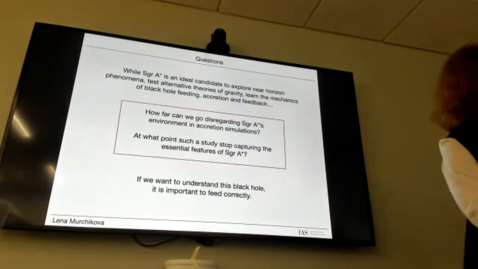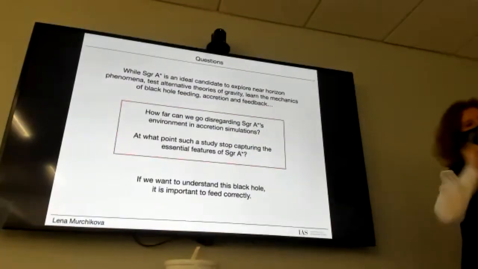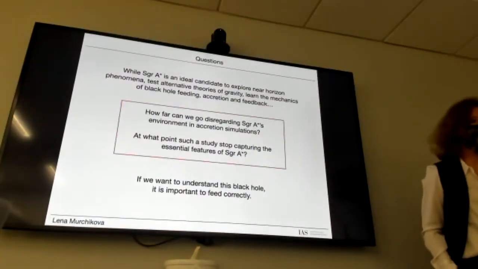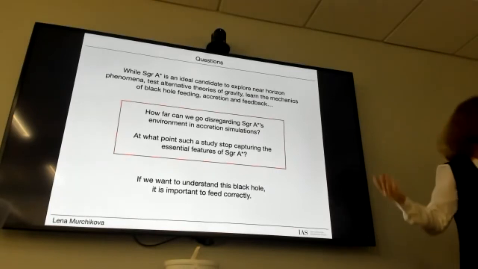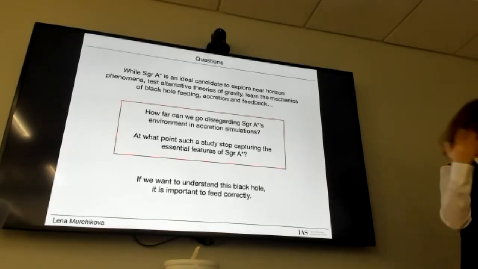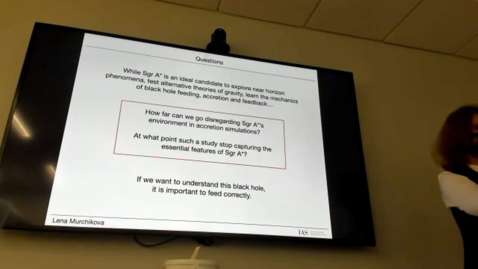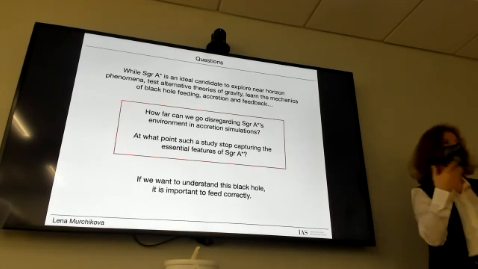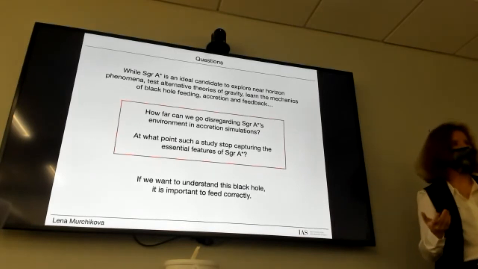So the question I want to ask is this. We all agreed, as I said earlier, that Sagittarius A star, at the center of our galaxy, is the one which gives us a clue to many physical questions about black hole physics.